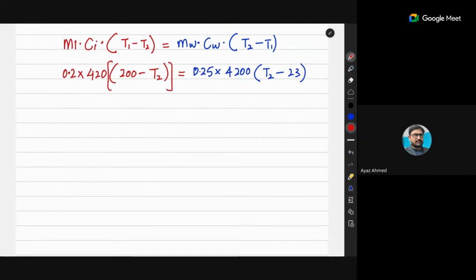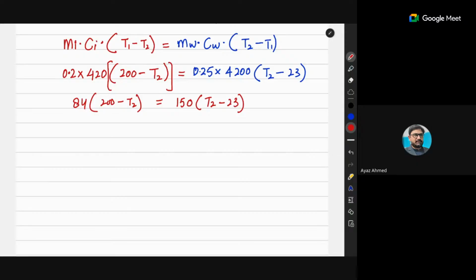What will this be? 84 into 200 minus T2 equals, what will this one be? 1050.